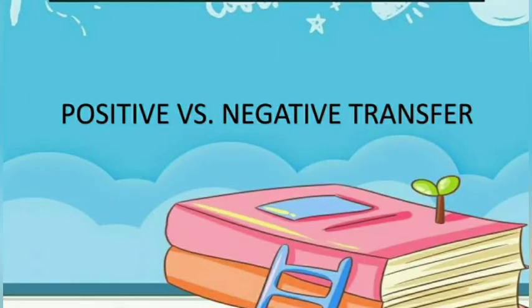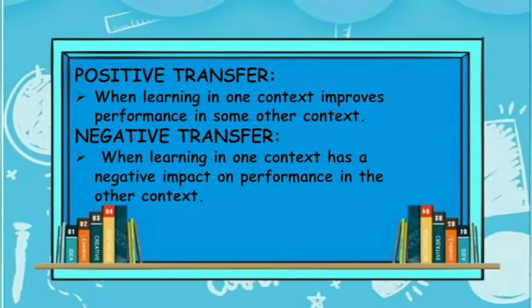Now, let's proceed with positive versus negative transfer. Positive transfer occurs when learning in one context improves performance in some other context. In other terms, when performance of a task improves as a result of performing a different but related task.